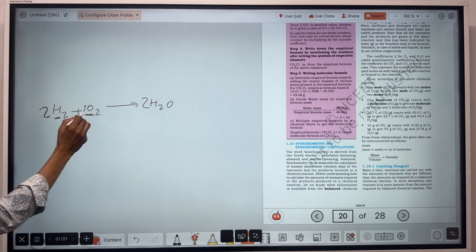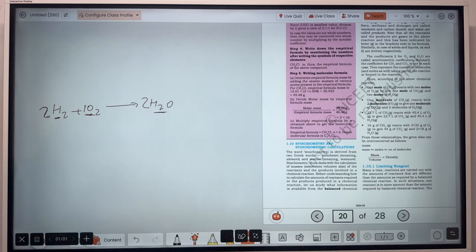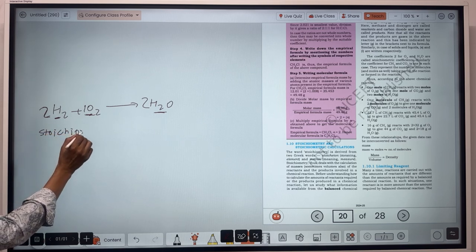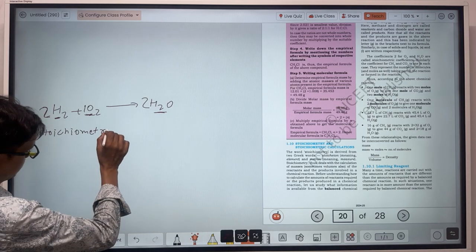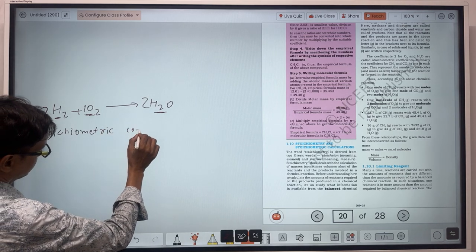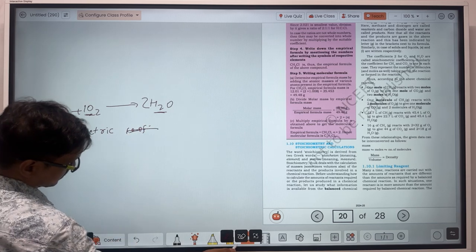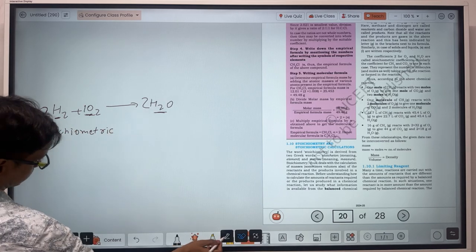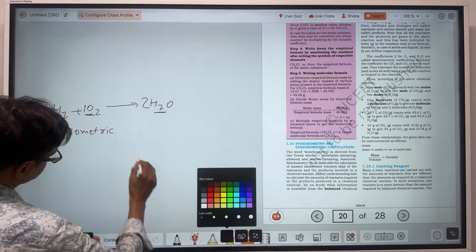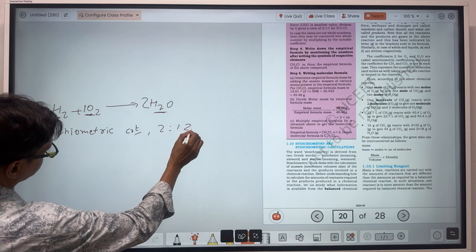The stoichiometric coefficient of oxygen is 1, and the stoichiometric coefficient of water is 2. So the coefficients are 2, 1 and 2.